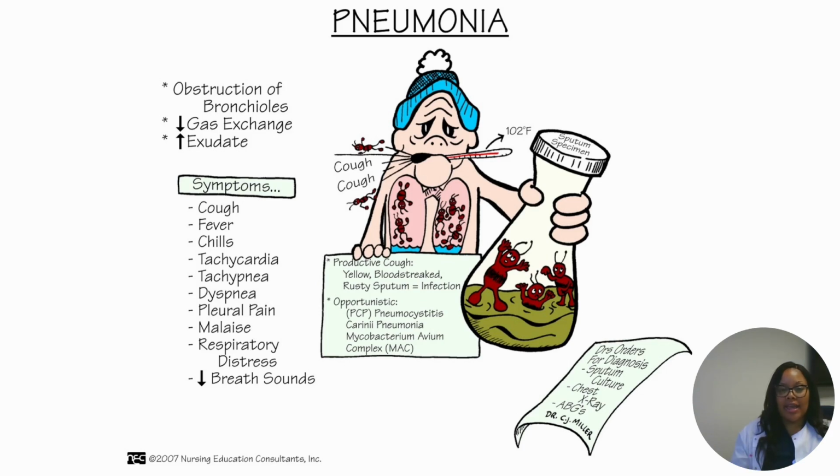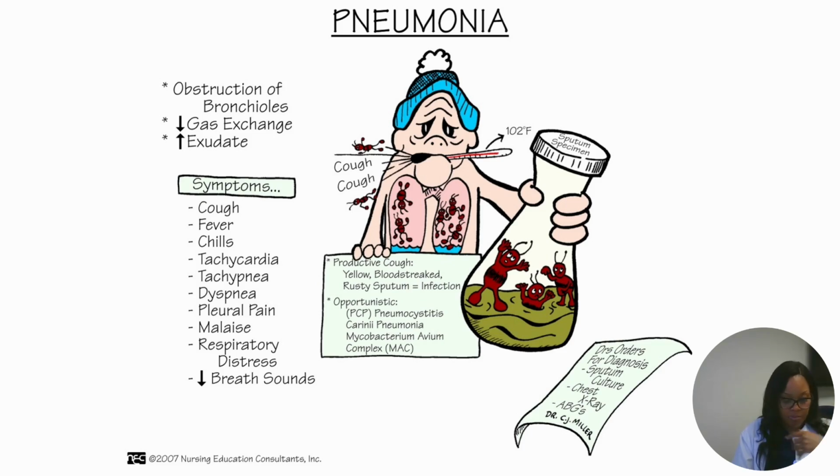So before I get into the signs and symptoms of pneumonia, what are some risk factors for developing pneumonia? If you have a prior infection, the cold or the flu, or a weakened immune system. You remember we talked about in the other slide that your body is normally able to fight off all this stuff. But if you already have a weakened immune system, your body is not fighting how it normally should.